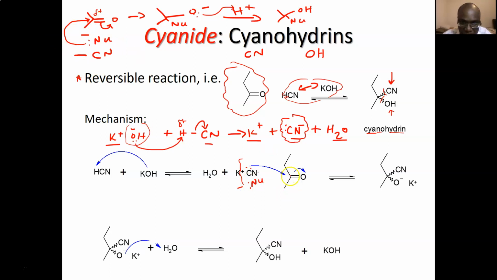to attack the partially positive carbon of the carbonyl, and then the pi bond will open up because it's the weakest of the two, one is pi, the other one is sigma bond. It opens up. You do have two lone pairs here. You end up with three lone pairs, right? But now, in presence of an acid, which in this case water will play the role of an acid.